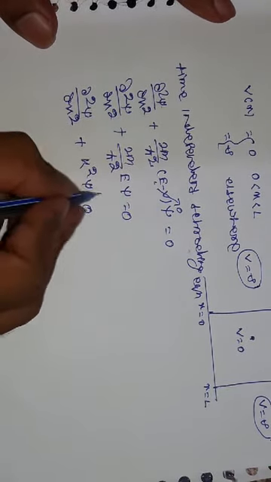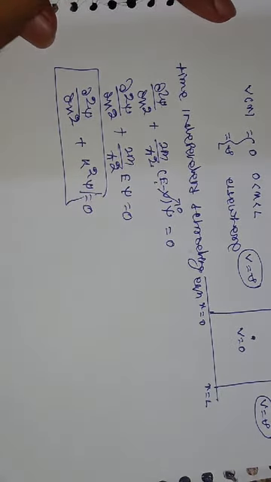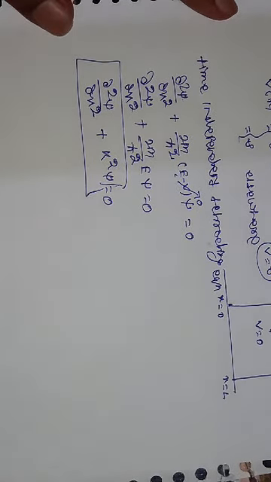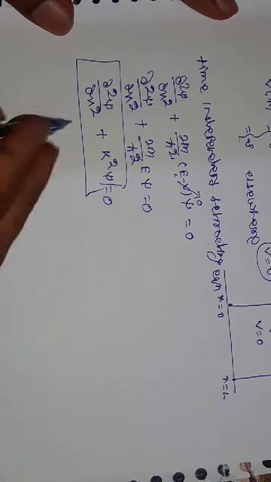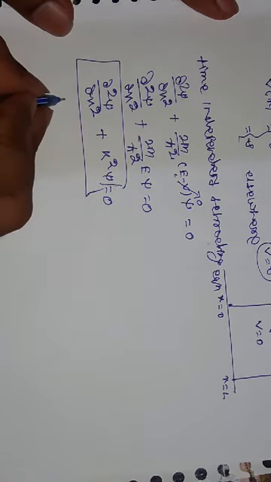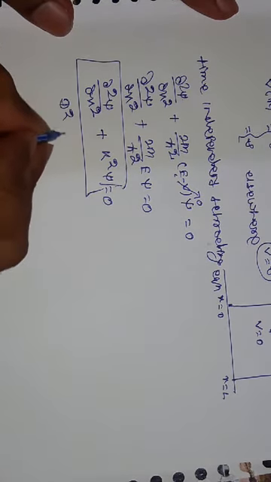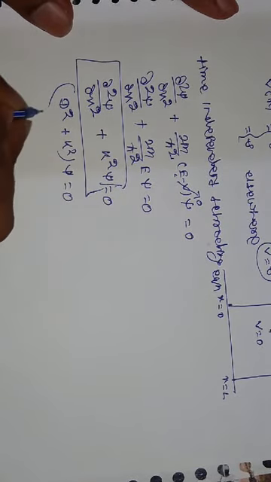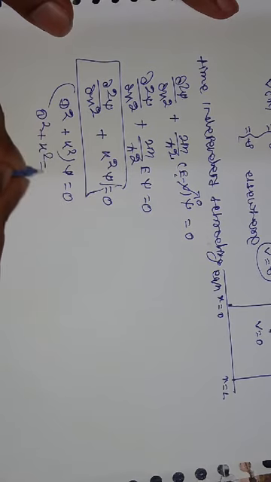This is a second order differential equation, and you already know in mathematics how to solve it. First we write the auxiliary equation, that is (D square plus k square) psi is equal to 0, simply D square plus k square is equal to 0.